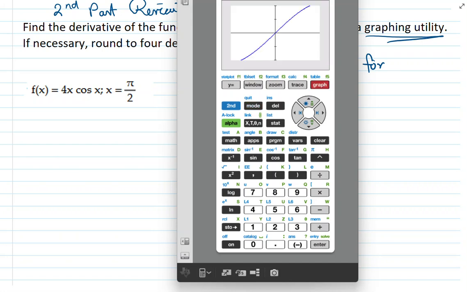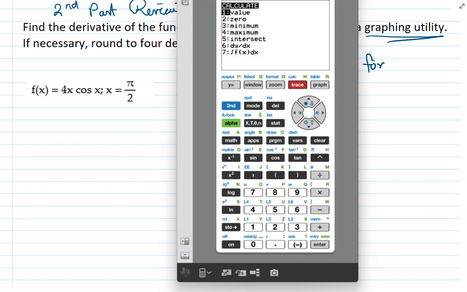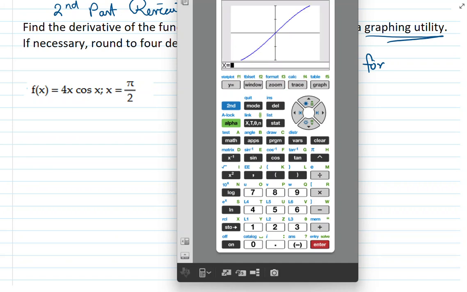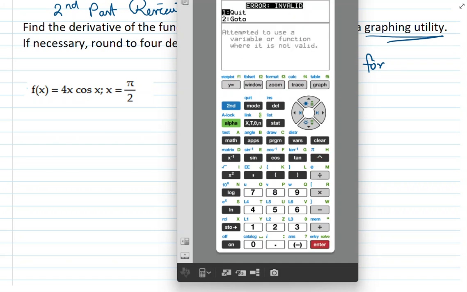Let's see where the graph is. We can look and see that it is mainly continuous, and then we can go second calc and hit the value and enter second pi divided by 2 and get no response because, oh, my window is not enough.